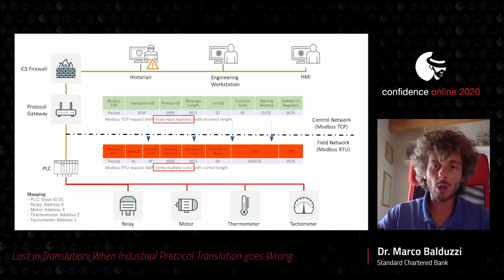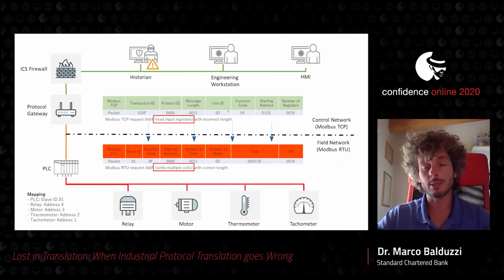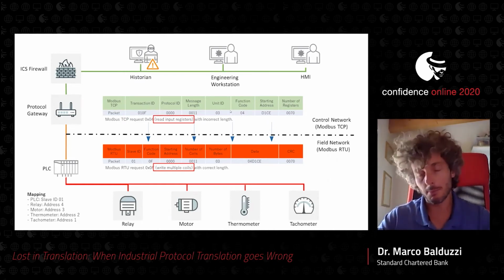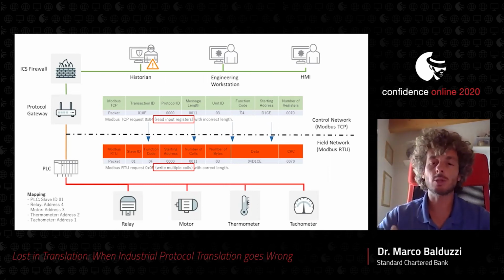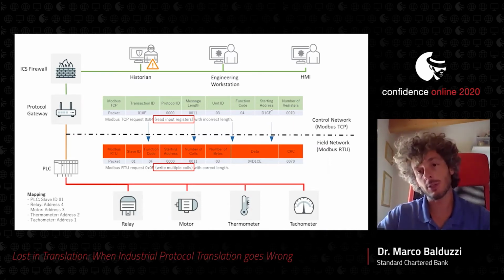As an example, we have this packet here on screen. As you can see, the function code is 4, which means this packet is a read request. In Modbus TCP, if this byte is 4, by the semantics of Modbus TCP it is a read request, and we are asking the PLC to give us 70 registers starting from this address.